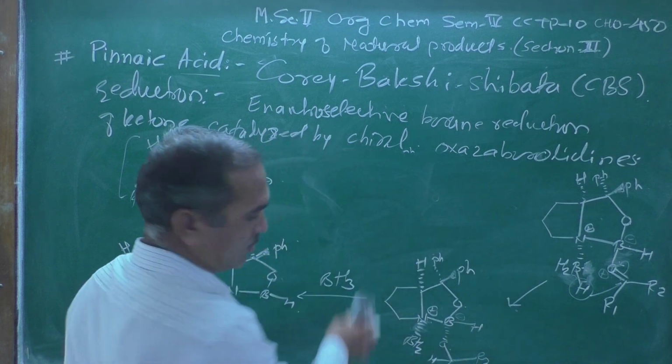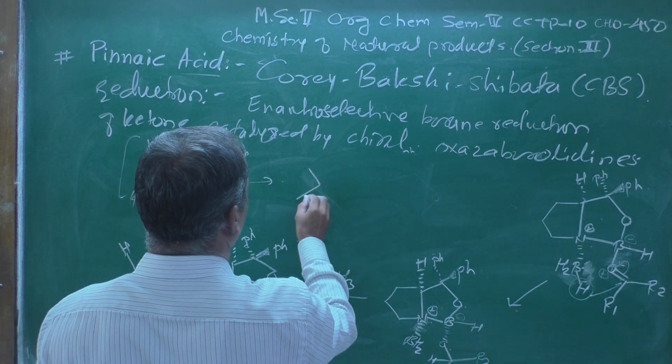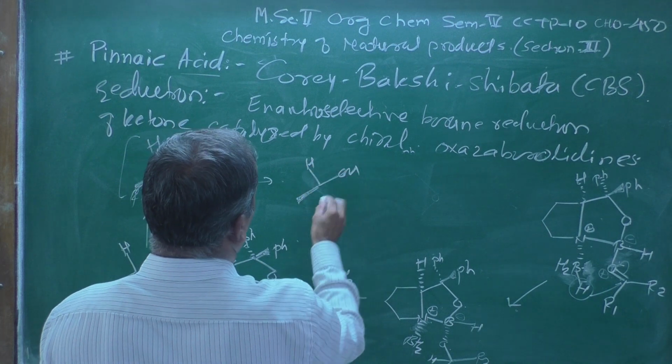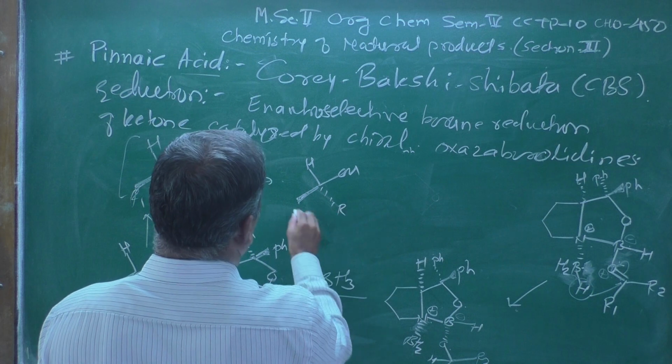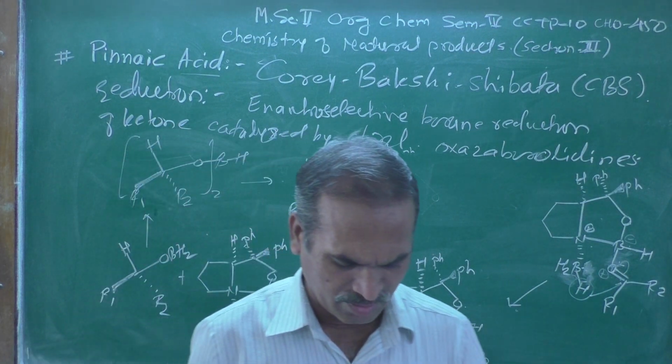Finally we got the structure as this one, H, then OH, there is R1, R2, that is the stereochemistry we got.